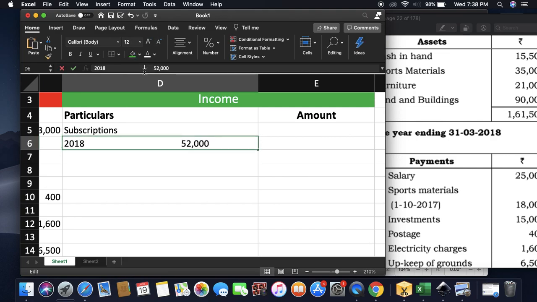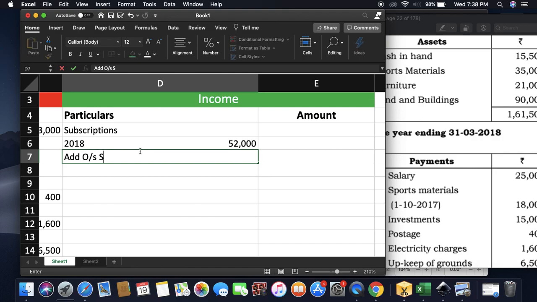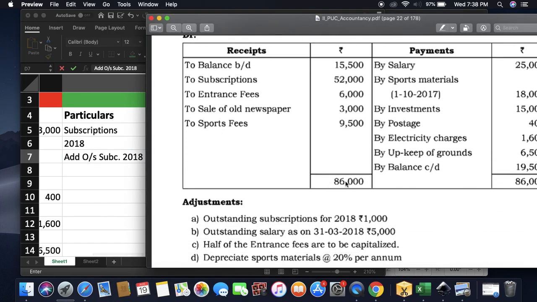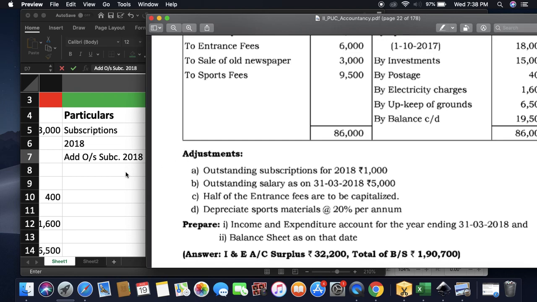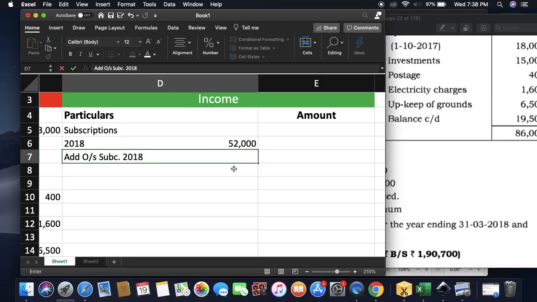It's easier this way, at least we can see. And add outstanding subscription for 2018. So we need to add this, which is, I think, let's go down, 1,000 rupees. Okay, so we add this.